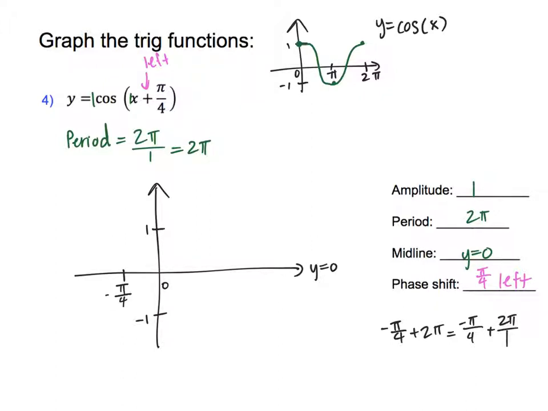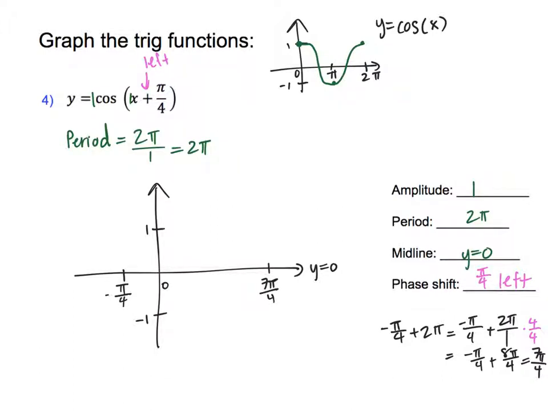I'm doing that same calculation where I change the 2 pi to a fraction and multiply the top and bottom by 4 to make common denominators. So this would be negative pi over 4 added with 8 pi over 4, and since that's a -1 added with a positive 8, that's 7 pi over 4. So when I get to my full cycle, this would be 7 pi over 4.